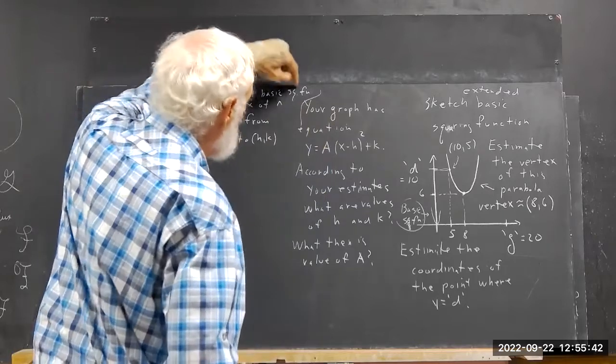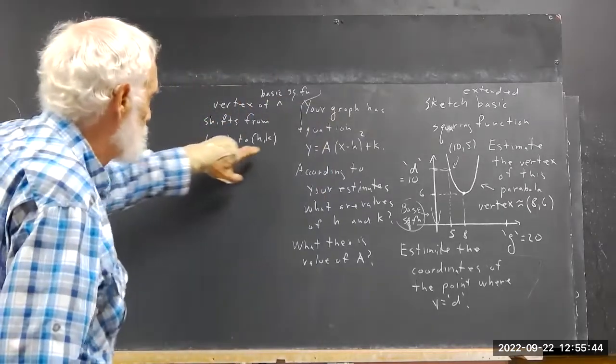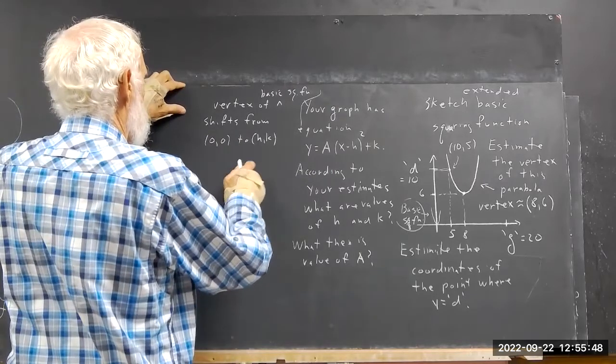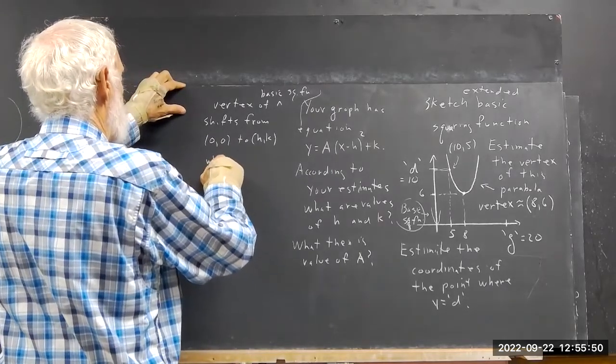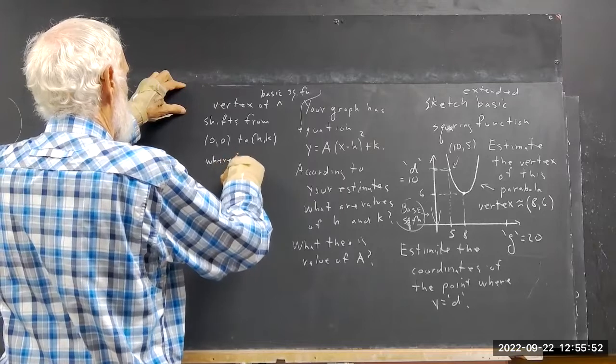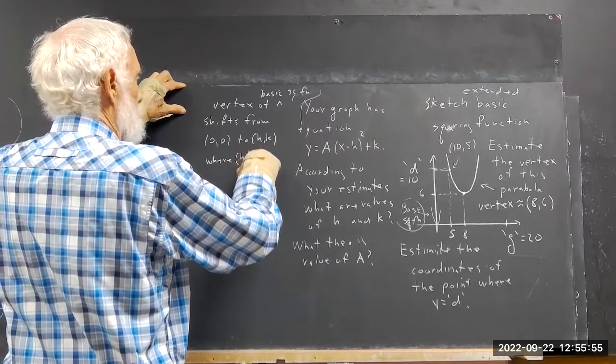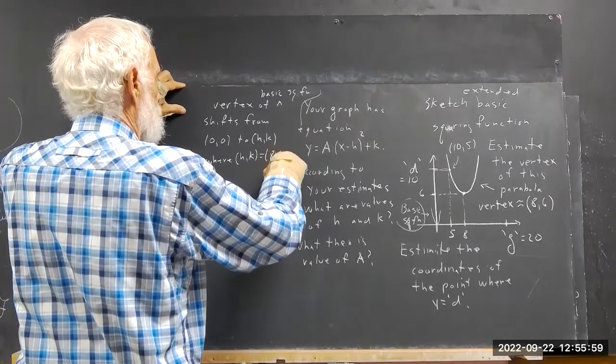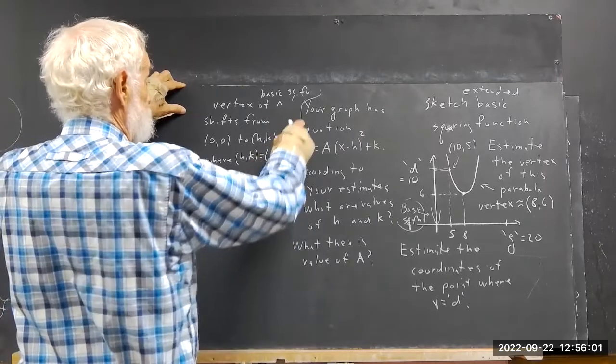The vertex of your basic squaring function shifts from 0, 0 to (h, k). So (h, k) equals (8, 6).